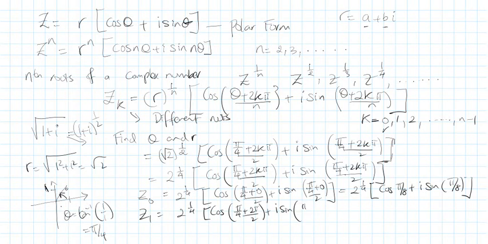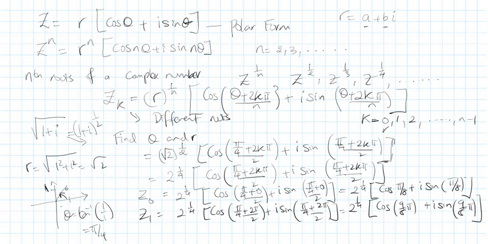Pi over 4 plus 2 pi over 2 gets simplified to 2 to the 1/4 cos of 9 over 8 pi plus i sine 9 over 8 pi. Alright, and this becomes the second answer.